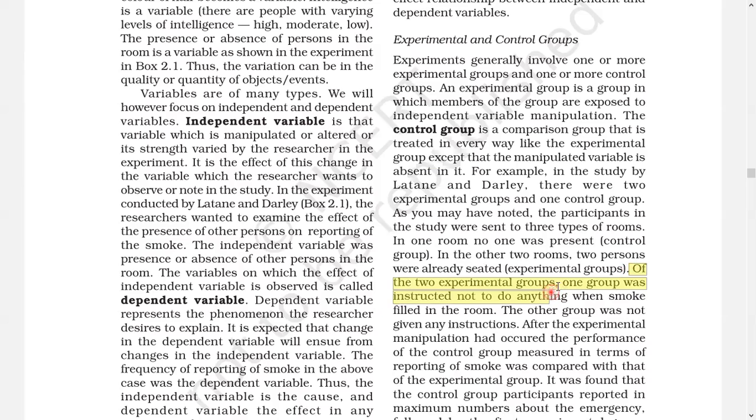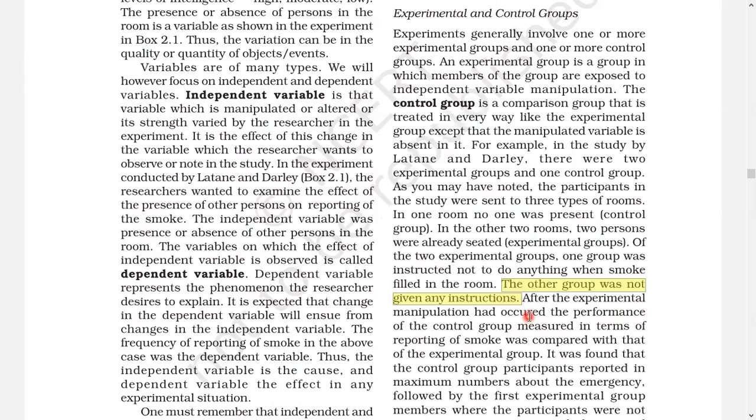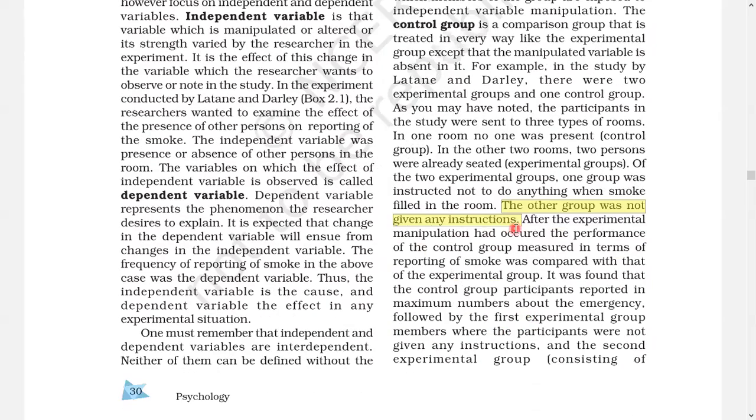Of the two experimental groups, one group was instructed not to do anything when smoke filled the room. The other group was not given any instructions. After the experimental manipulation had occurred, the performance of the control group, measured in terms of reporting smoke, was compared with that of the experimental groups.